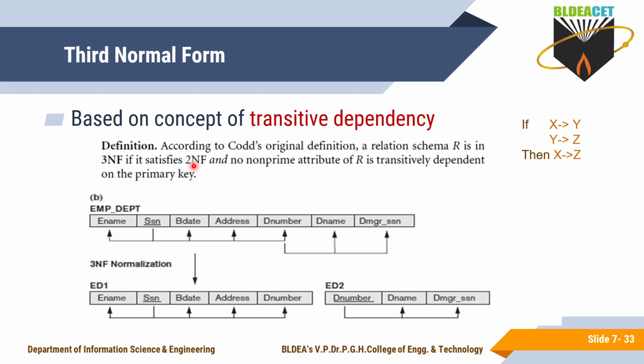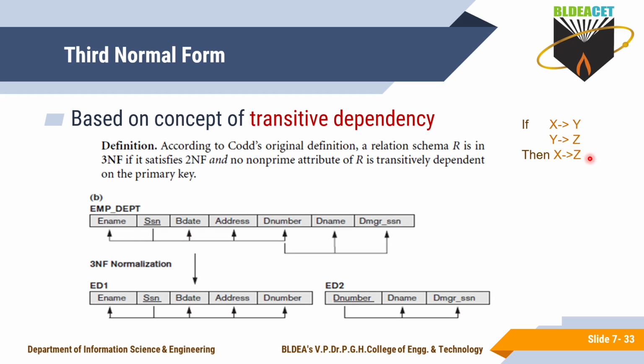All the attributes must be fully functionally dependent and no non-prime attribute of R is transitively dependent on the primary key. You already know what a prime attribute is. If it is a member of the candidate key, then you call such attributes prime attributes.